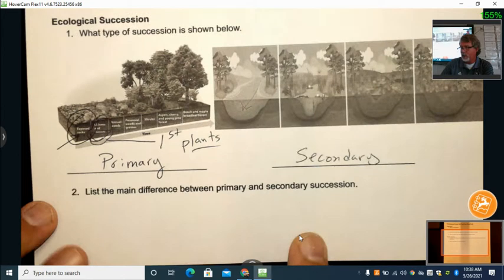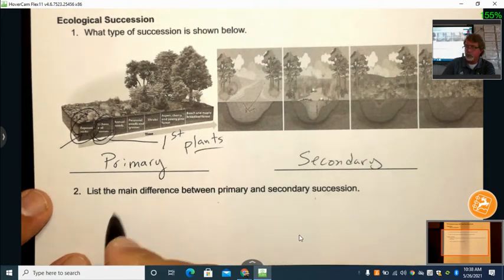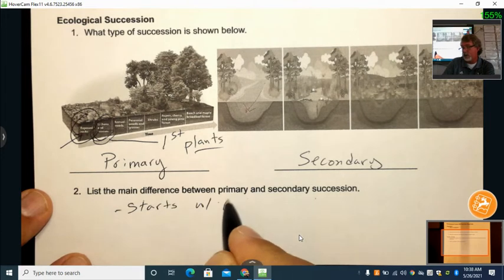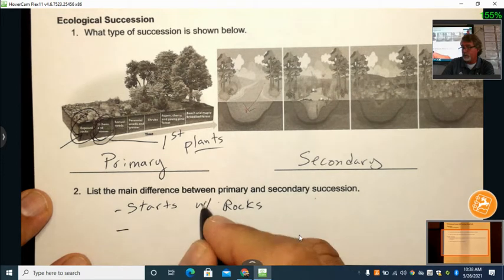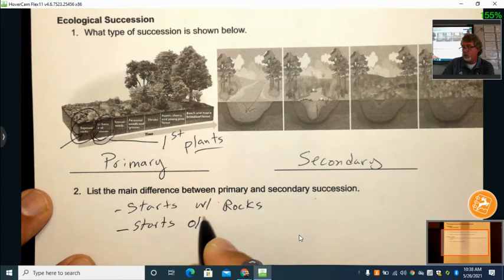All right. List three main differences between primary and secondary succession. So one starts with rocks. Two, over here starts with environmental, or I should say starts with old soil.